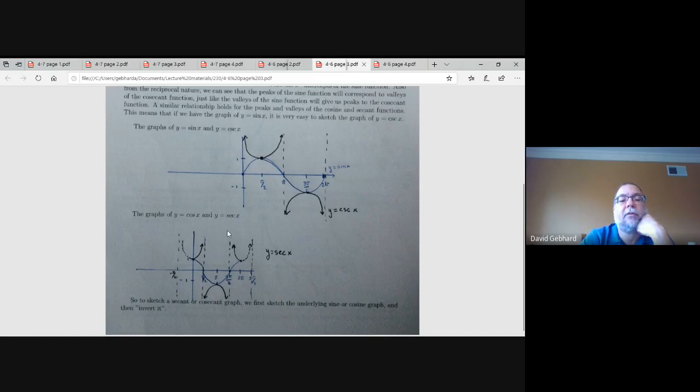Recognize because secant is 1 over cosine, we're going to have problems or vertical asymptotes when the cosine is 0, which will be at pi over 2 and 3 pi over 2. So the basic idea if we're sketching a secant or cosecant is we just sketch the sine or cosine graph that goes along with it, and then we flip that over.